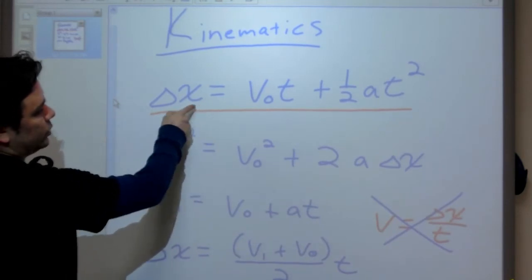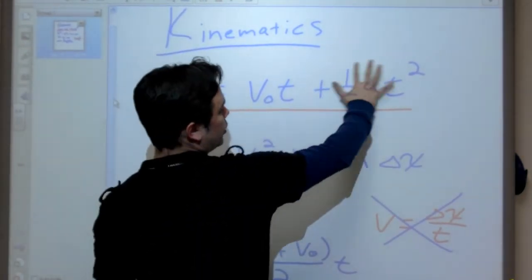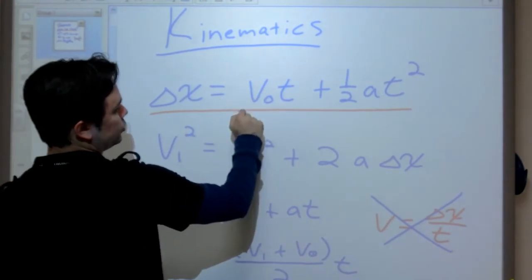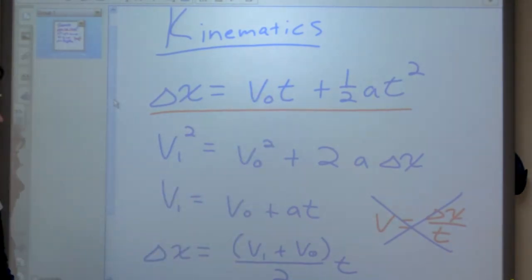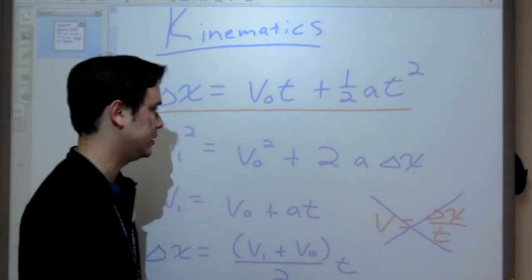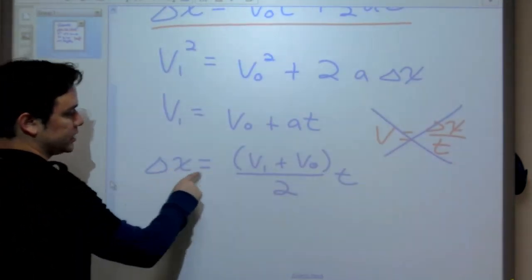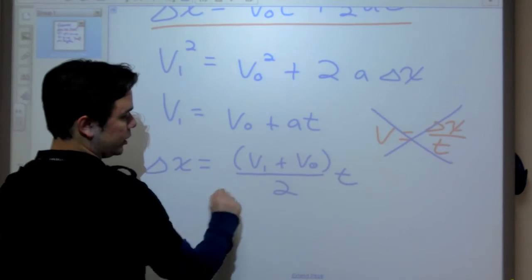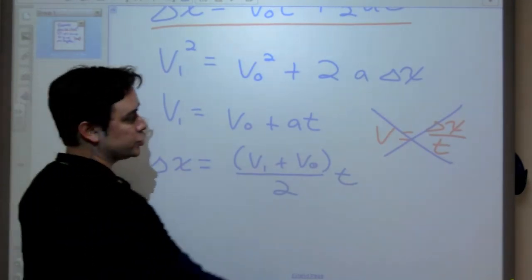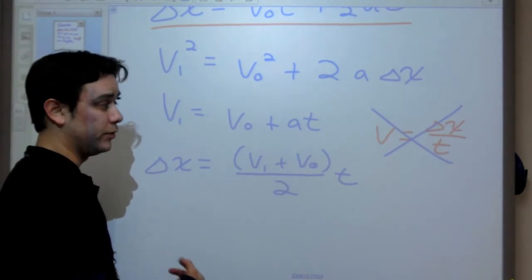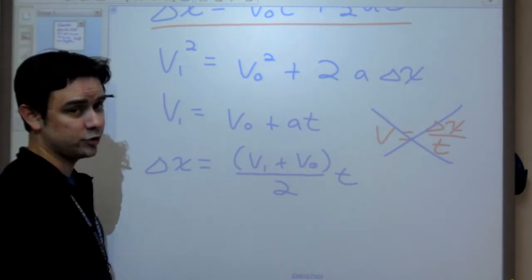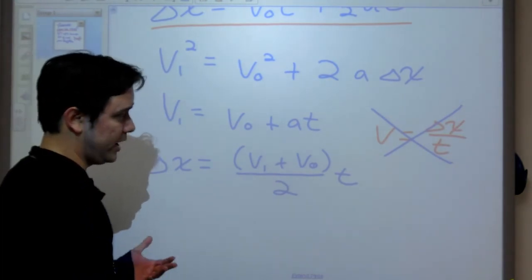In fact, we can see it up here in this equation. When my acceleration is 0, this term goes away and I have delta x equals my velocity times time. When you have acceleration, that's going to change. You want to be very careful accepting that one. The one that's kind of in its place is one of the other kinematic equations, which is this guy. What this actually has you find is your average velocity. So if your velocity is changing over time, your average velocity is going to be the average of those.